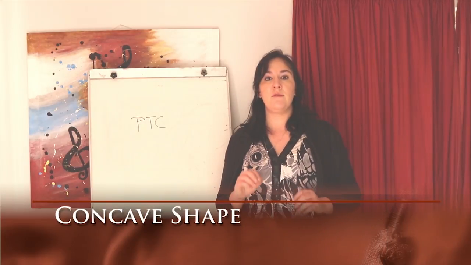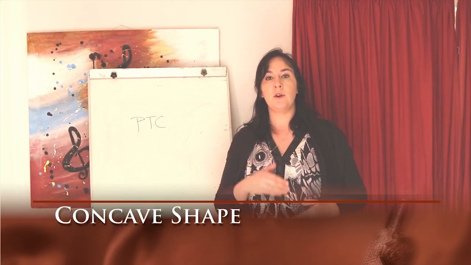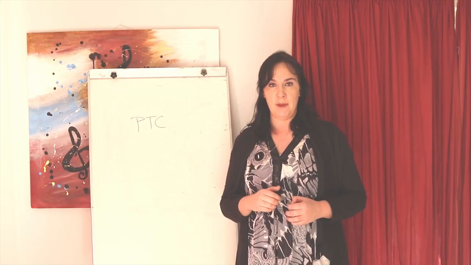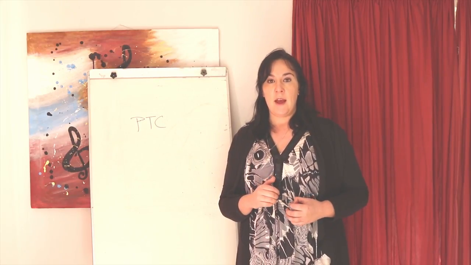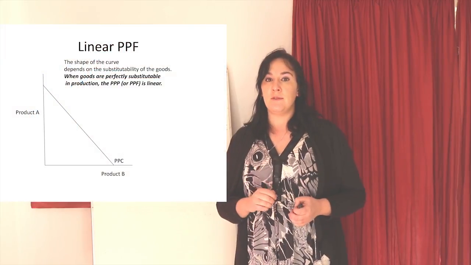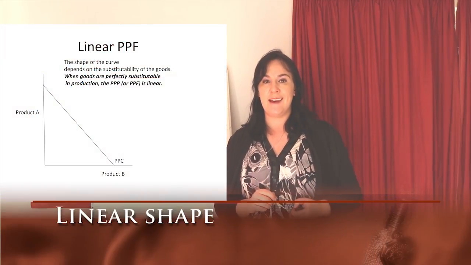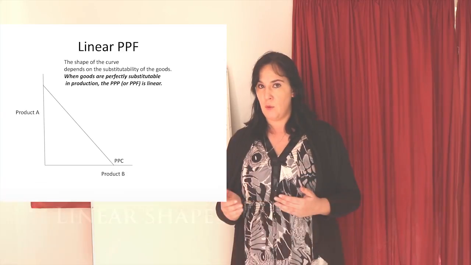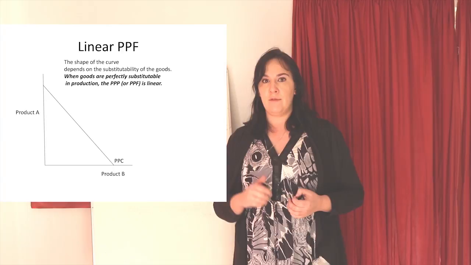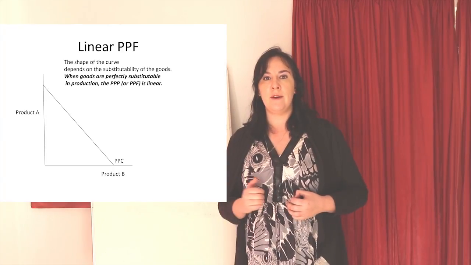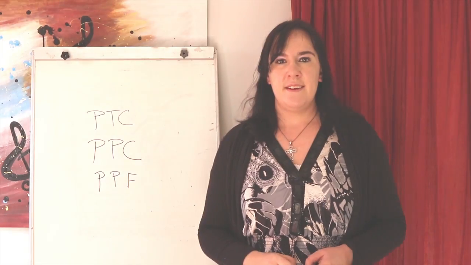Today I focused mainly on the concave shape of my PPC curve, that exponential shape. But the PPC curve can also be illustrated as linear, so that 1-for-1 combination. So I'm giving up 1 unit of A to produce 1 extra unit of B.